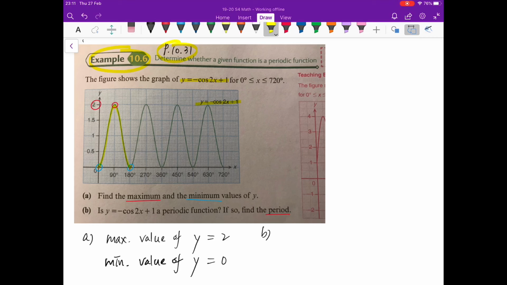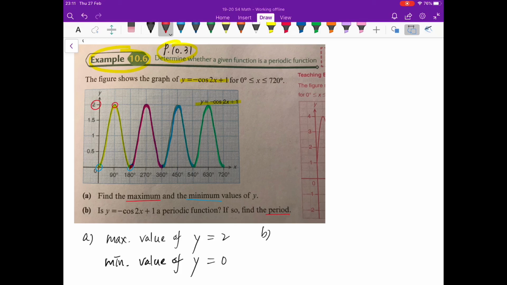It goes back to its original value or original position. Then starting from 180 degree to 360, the graph repeats itself. So similarly, from 360 degree to 540, and finally from 540 to 720. As you can see, the graph repeats itself 4 times.